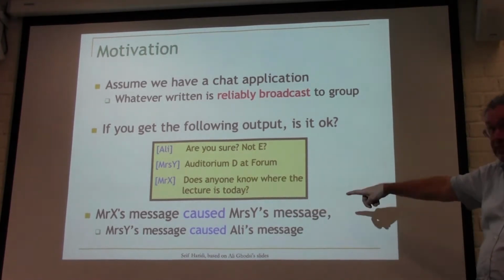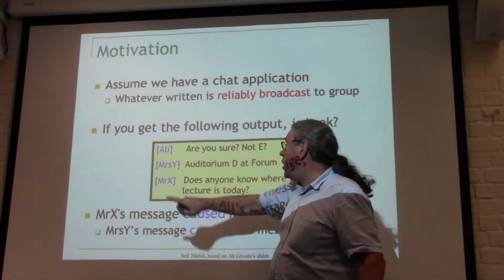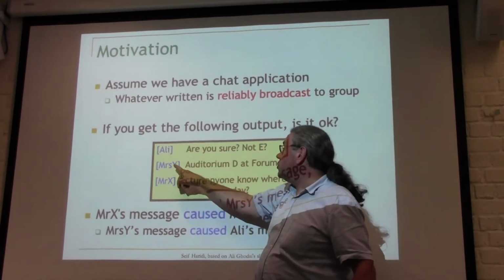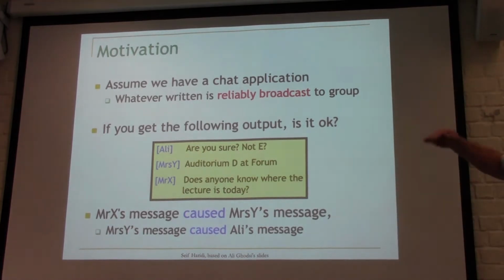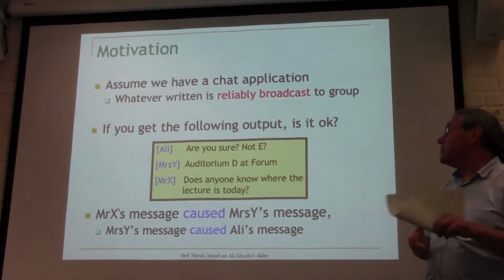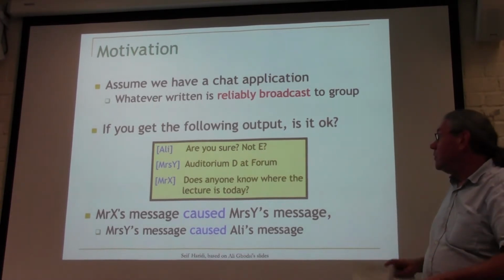But you see, there's causality here. X causes Y. Y is a reply to X. And Ali's message is caused by Y. So there's two levels of causality. And reliable broadcast doesn't worry about that, because each broadcast is independent.